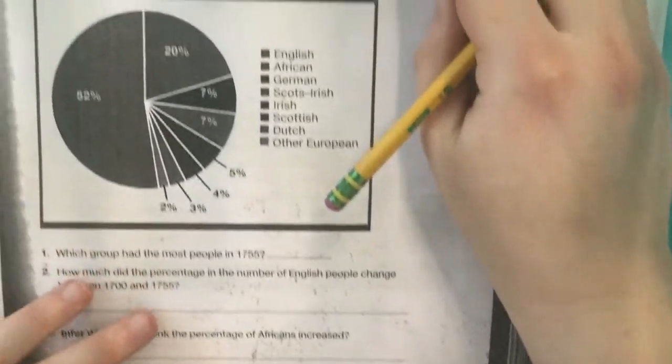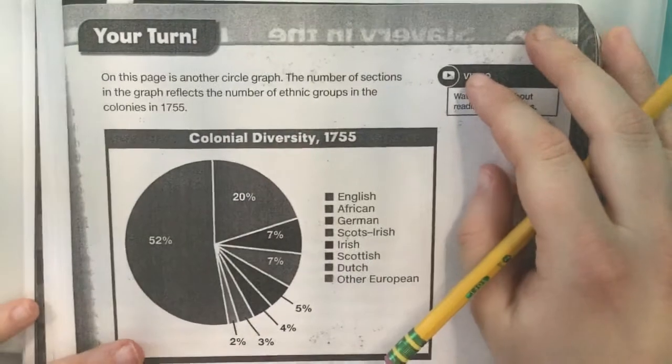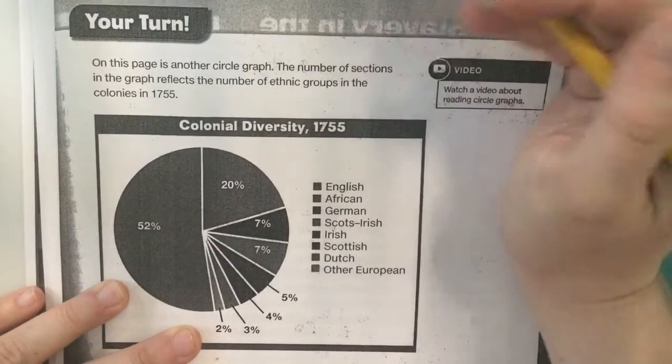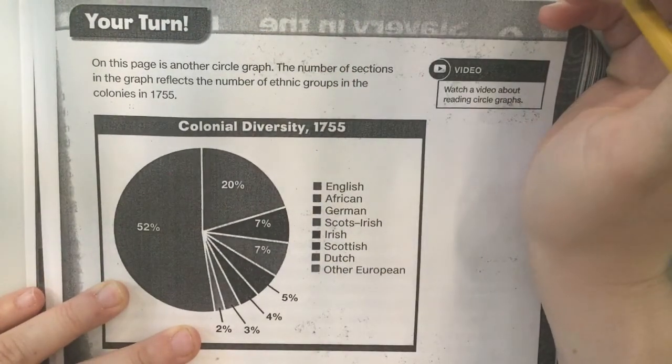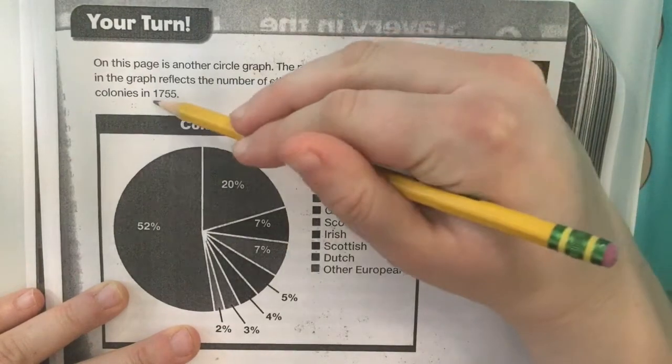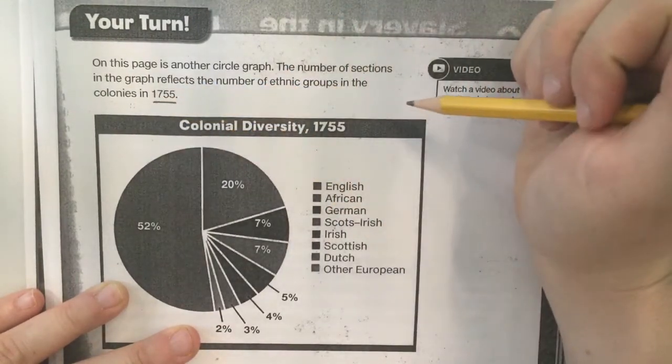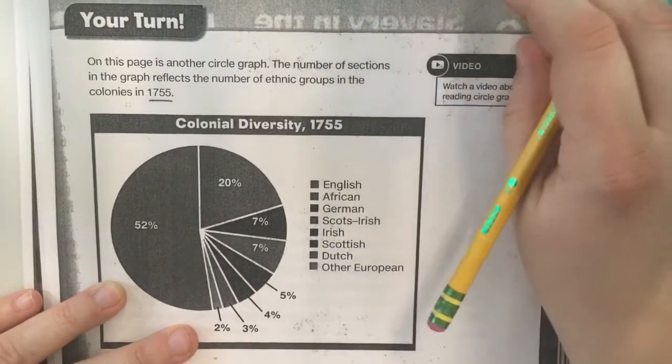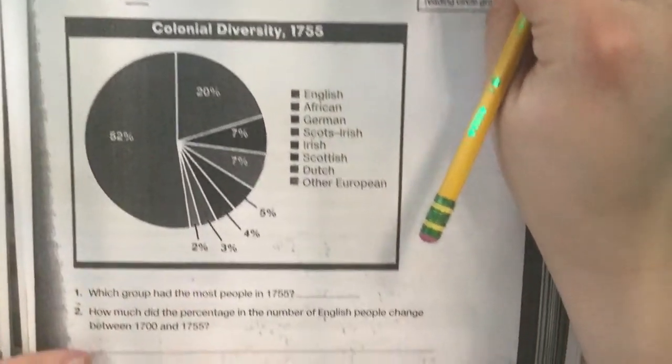Now let's turn the page. Okay, on this page, another circle graph. The number of sections in the graph reflects the number of ethnic groups in 1755. So we are 55 years later in this population graph.